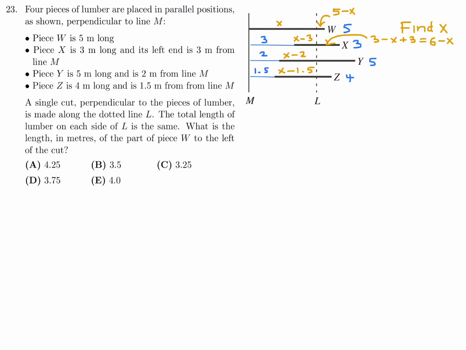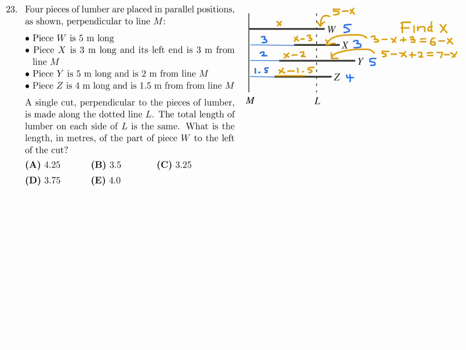Okay, so I hope you understand how I did that. This whole thing is 5, as they tell us. From there to there is x minus 2. So from here to here has to be 5 minus (x minus 2). So it becomes 5 minus x plus 2, which is 7 minus x.